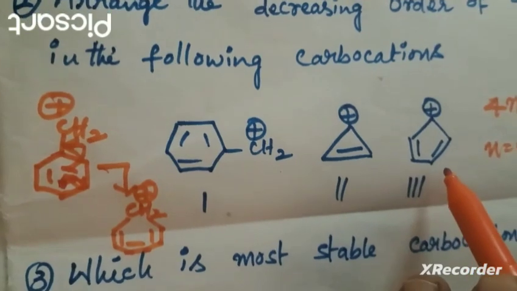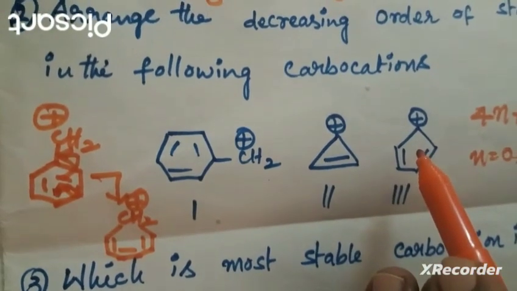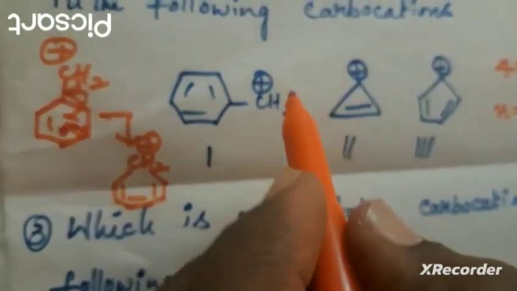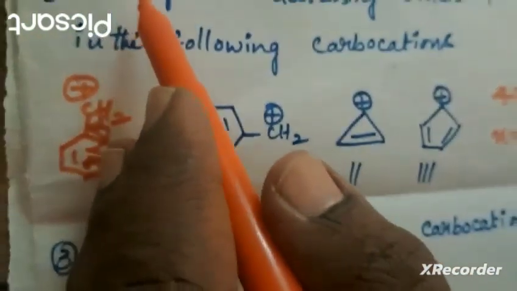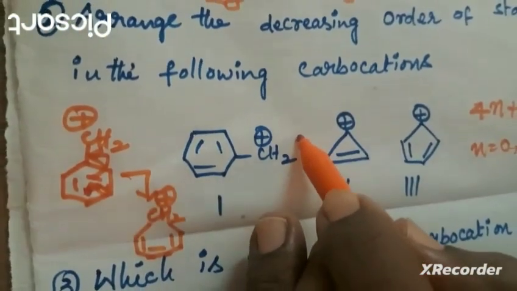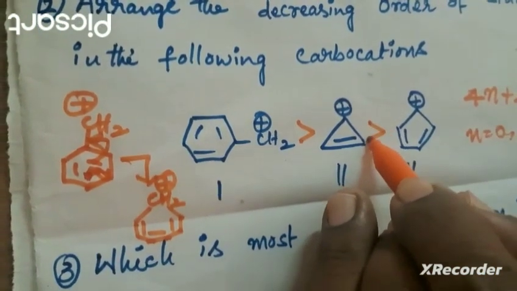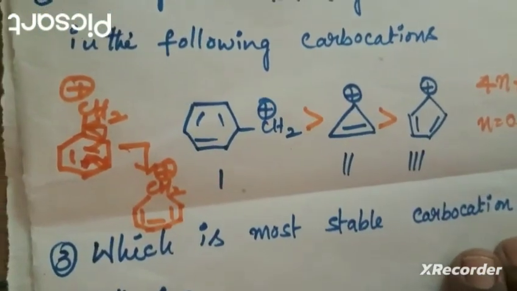And the cyclopentadienyl cation is unstable compared to 1 and 2. So the decreasing order is: first is greater in stability than second, which is greater than third.